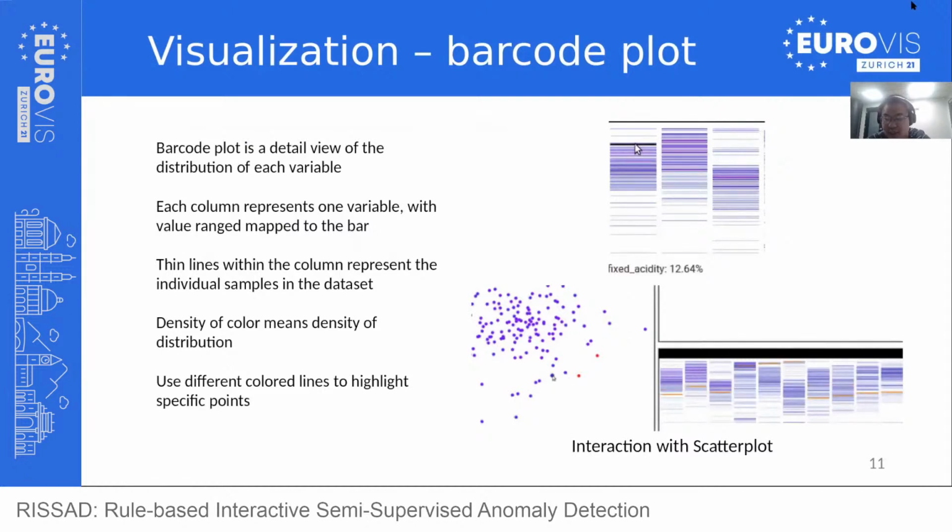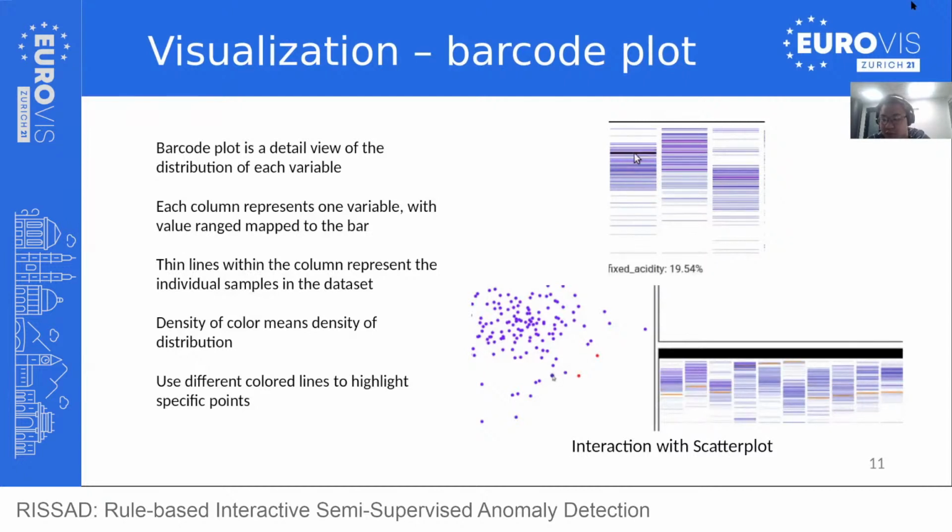The barcode plot is a visualization technique to illustrate the distribution of data by attribute. Each column represents an attribute. Each thin line inside the column represents a data point. The barcode plot is linked with the scatter plot. When a user hovers over a point in the scatter plot, its associated lines in the barcode plot are highlighted in gold color, as shown on the bottom.